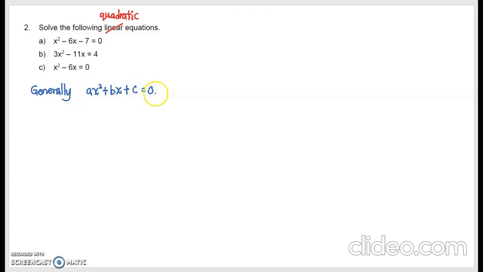The right hand side must be equal to 0. You have to remember, for a quadratic equation, the right hand side must be equal to 0 and our coefficient of x squared must be positive.